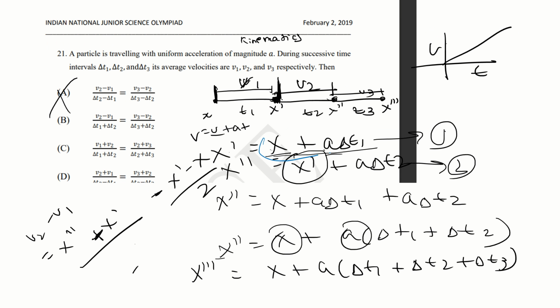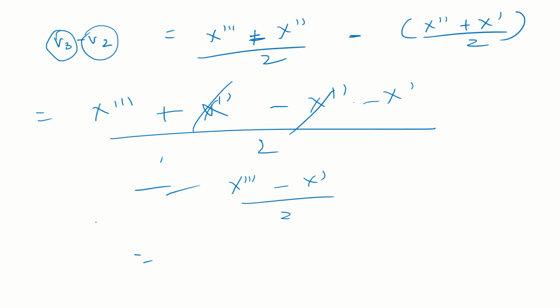So this will get cancelled, so a delta T1 will get cancelled. We will only get delta T2 plus delta T3 here. So if we go back, we here get a (delta T2 plus delta T3) upon 2.